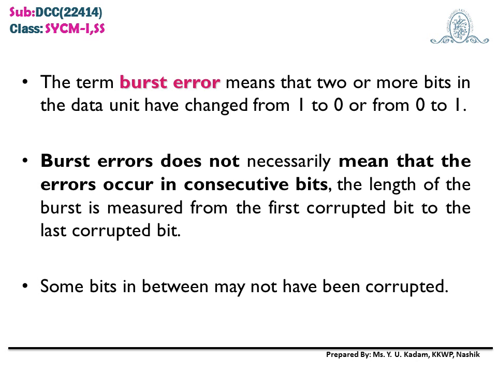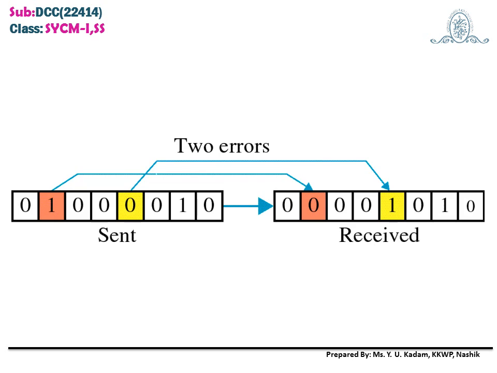This is called the length of the burst. Some bits in between may not have been corrupted. The first bit can produce an error, the last bit can produce an error, the bits in between can be changed, or sometimes consecutive bits can be changed.